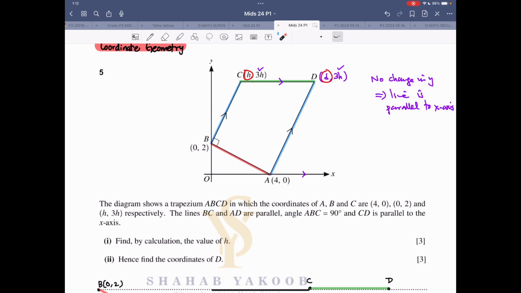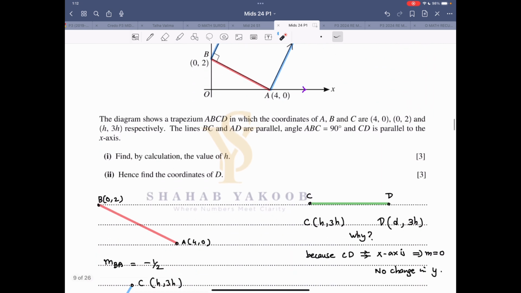Once I find h, this 3h is the y coordinate, and then again using the gradient of BC, I can find this equation and the coordinates of D, or again the gradient formula. That's your choice. Sometimes it's an equation versus a gradient or slope formula. Any which way, one unknown can be found.